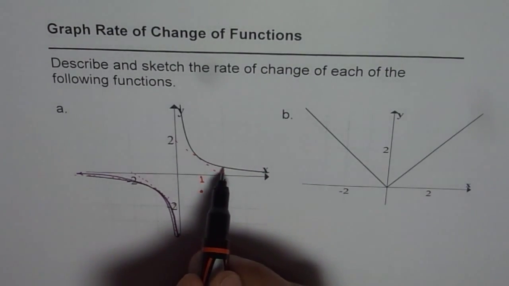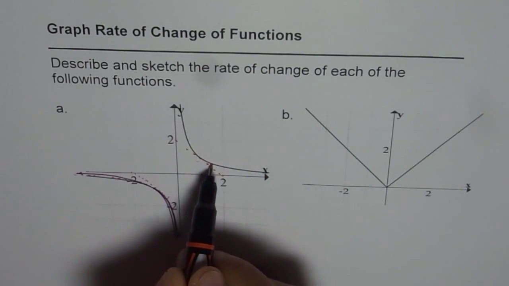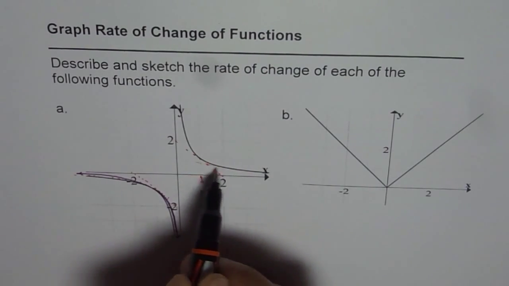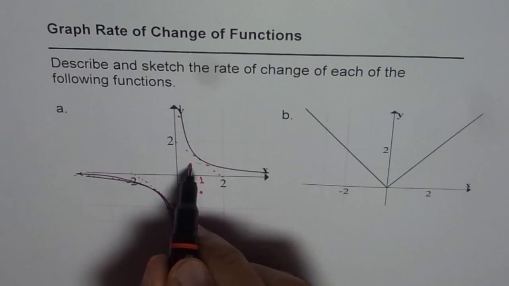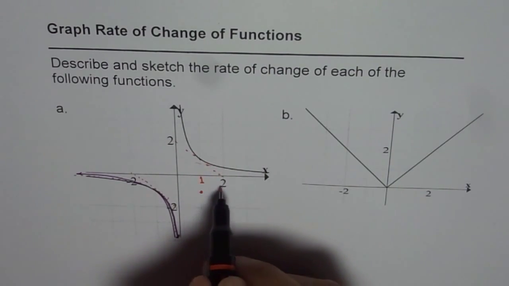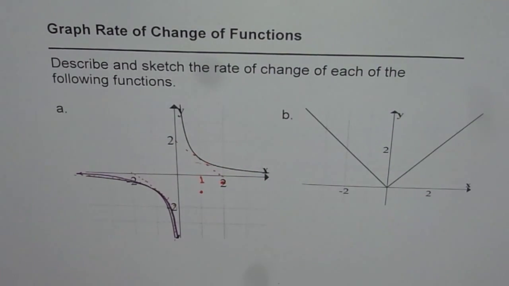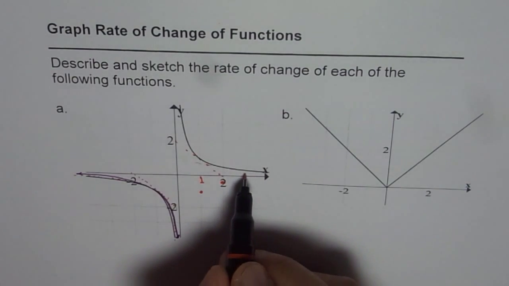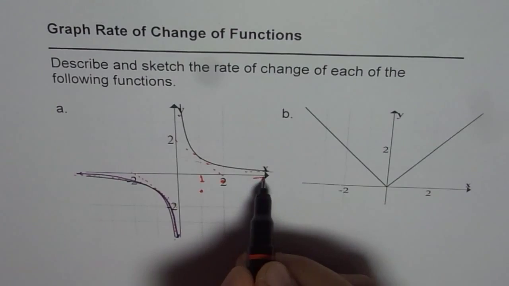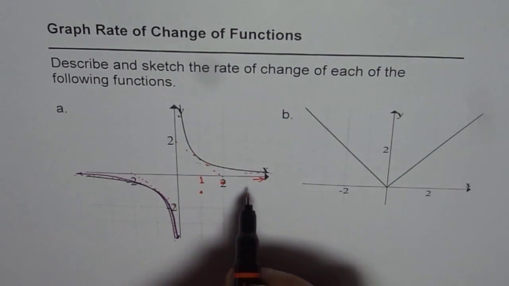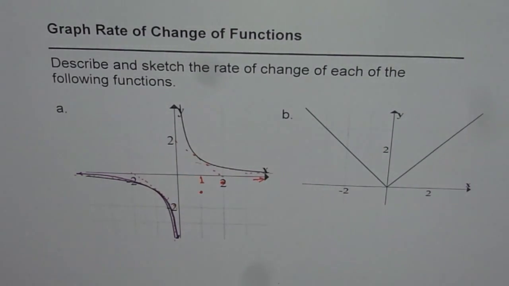If I draw a tangent here, it is not that steep, and this tangent is about half, right? Here it is negative since the line is going downwards, so the value could be here, right? Now if I go to the extreme right side, it is almost 0. It is not 0 but approaching 0, so I can say this arrow represents approaching 0.